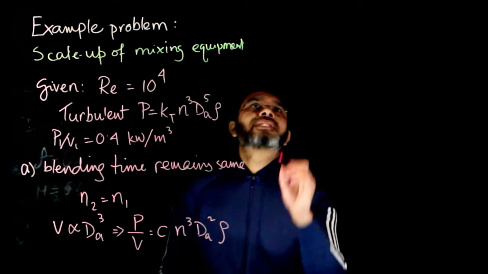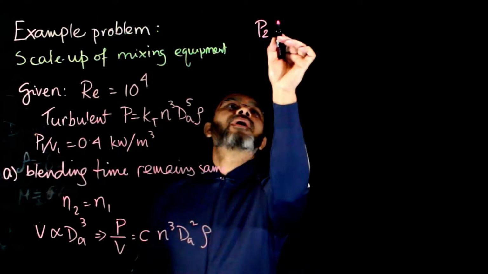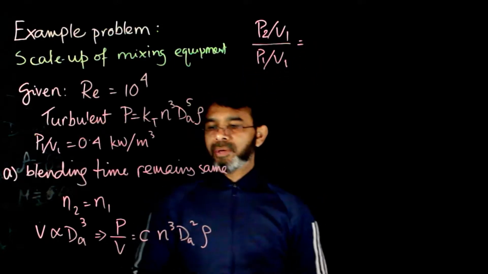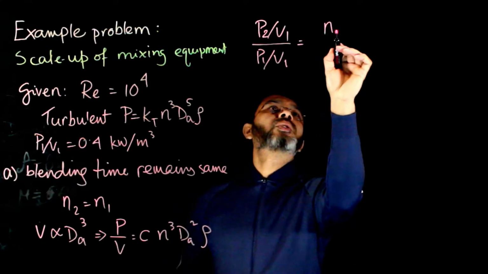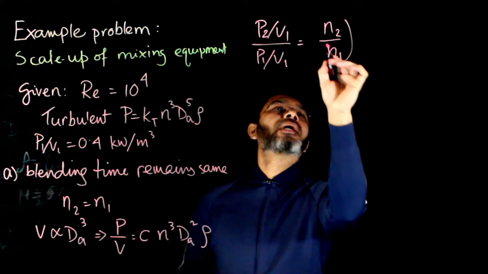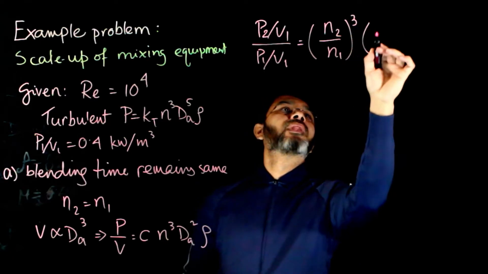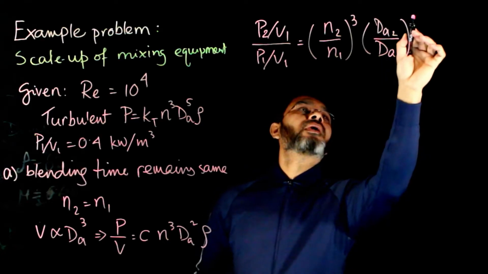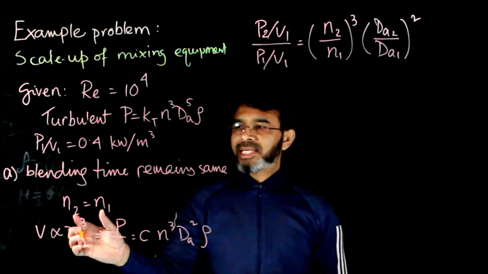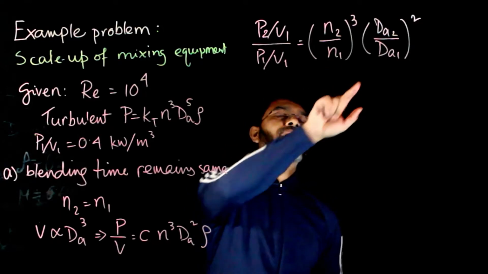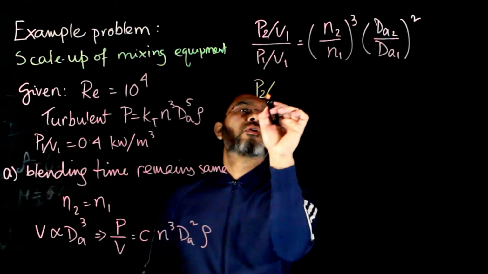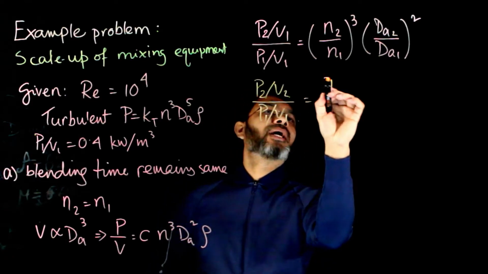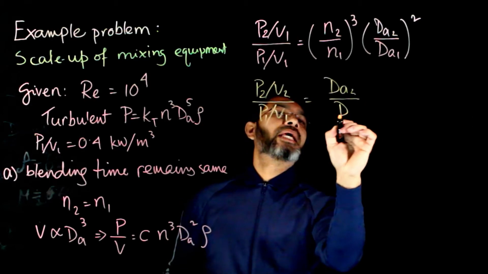So from there we'll get P2 over V2 over P1 over V1 will be simply N2 over N1 cubed times dA2 over dA1 squared. Now here, as I said, for this case N2 becomes N1, so this becomes 1. So we'll have P2 over V2 over P1 over V1 will become dA2 over dA1 squared.